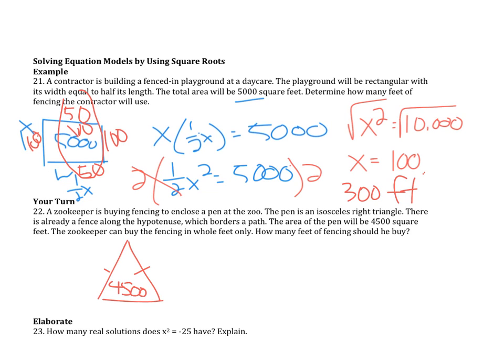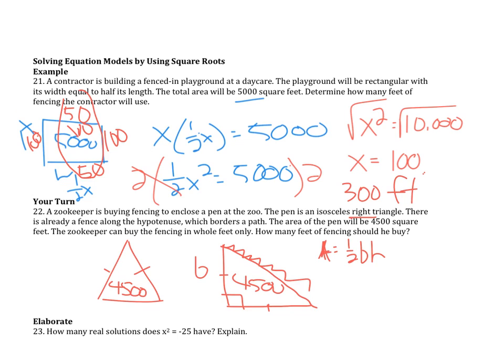One thing that'll help us on this one is that it's a right triangle. So let me redraw. Now these are still congruent. We already have fence along this side, and our total area is this. So remember the formula for the area of a triangle is 1/2 base times height.